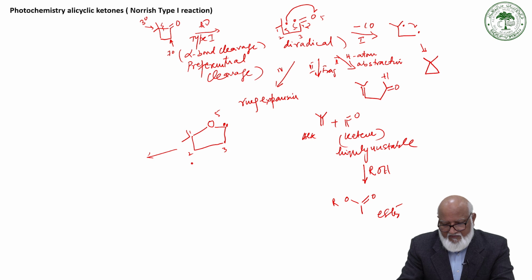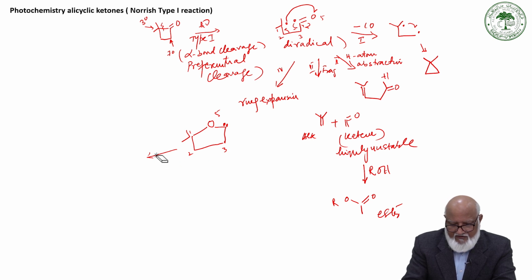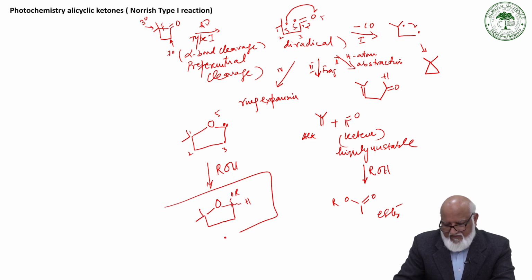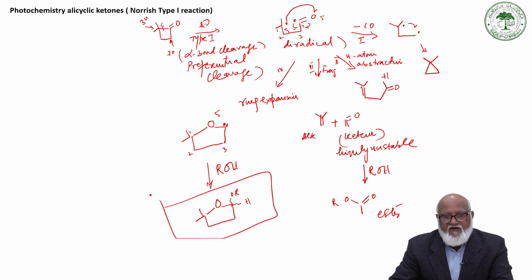Carbene is the intermediate, and in the presence of alcohol, ROH, it is going to give the corresponding OR, and then this is H. Of course, this is an extremely important reaction which we have already seen.